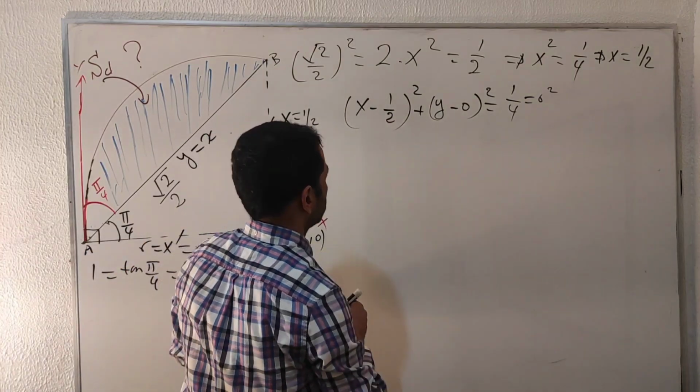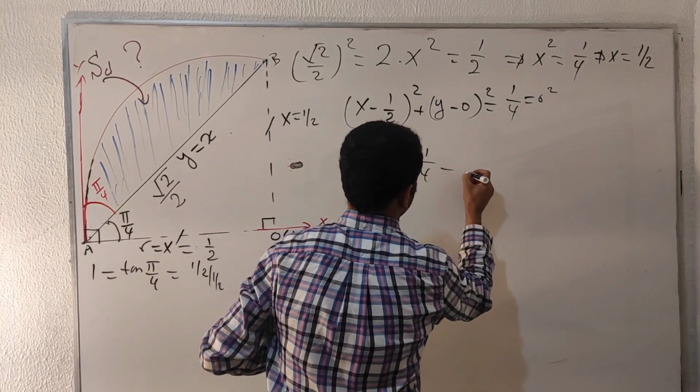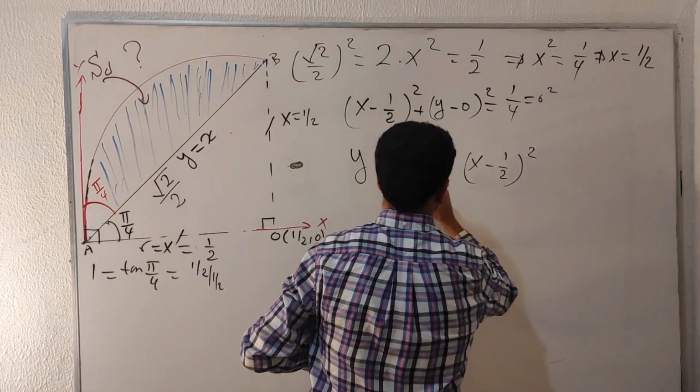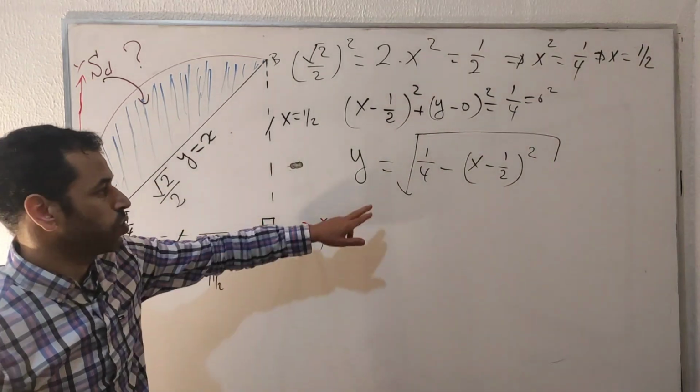Now I'm going to solve this equation. I get y equals the square root of 1 over 4 minus x minus half, quantity squared. So I determined the equation of the circle.